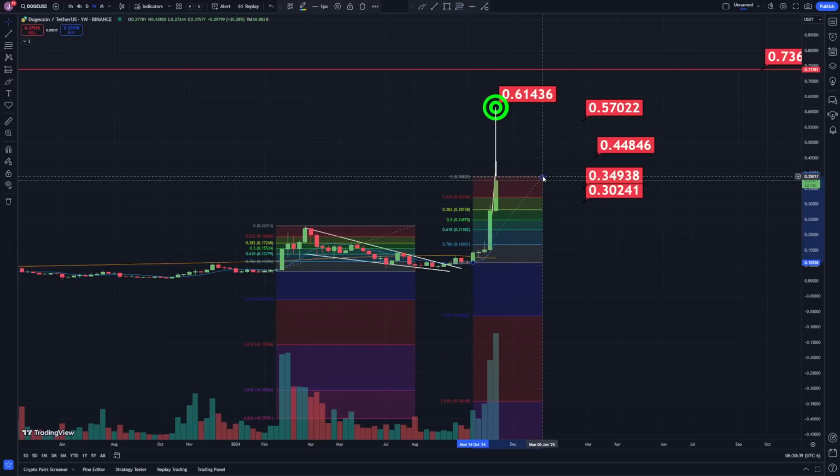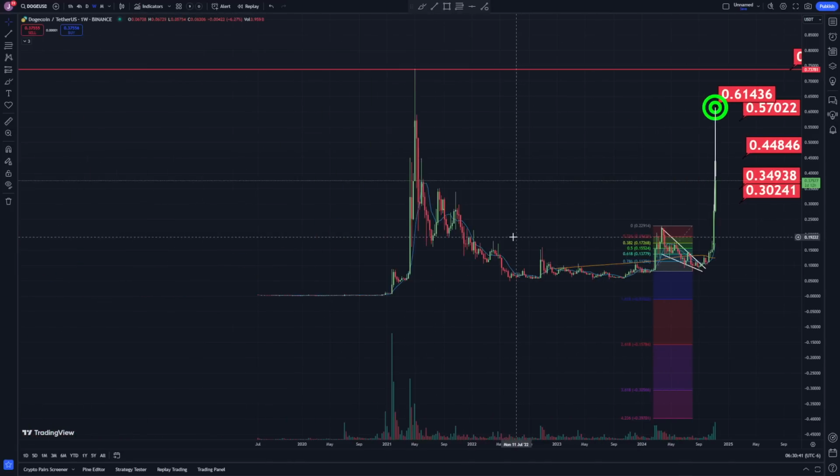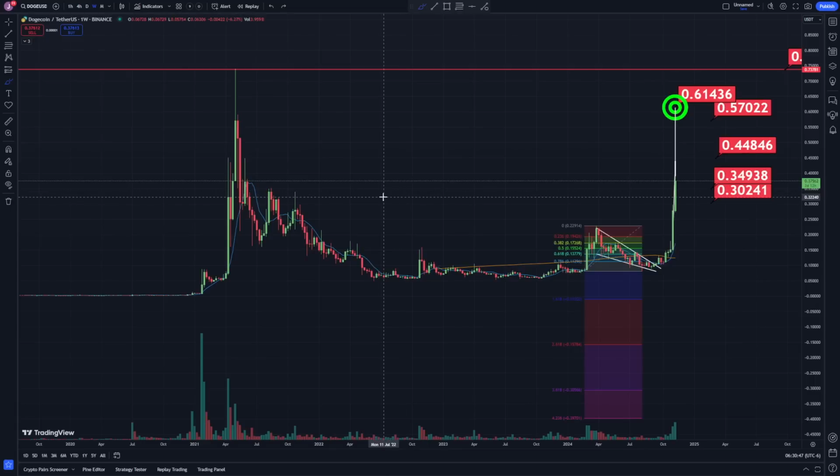I don't know if this is the top of the run, but let's come back here to the previous bull run. We had this crazy bull run over here. You could probably argue that you could do the Fibonacci retracement in two different places, either right here from this bottom or potentially even this bottom.